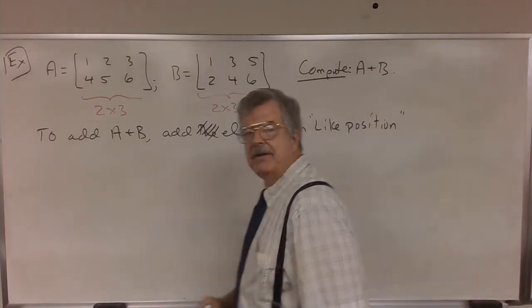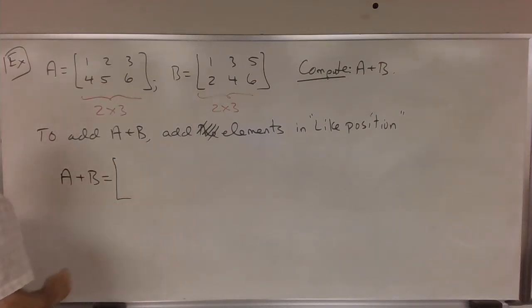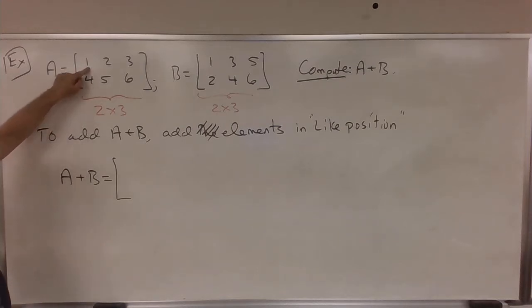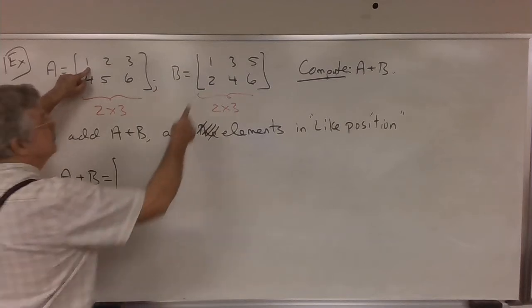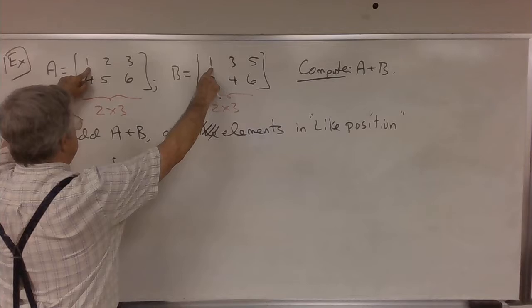To add two matrices, we add elements in like position. So in other words, the element 1 is in the first row in the first column. And so we take the element in the first row in the first column of B and we add them together.